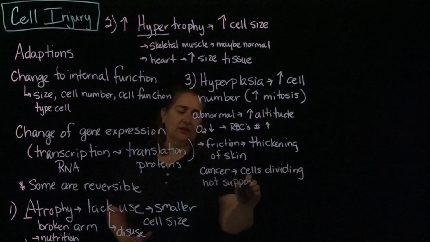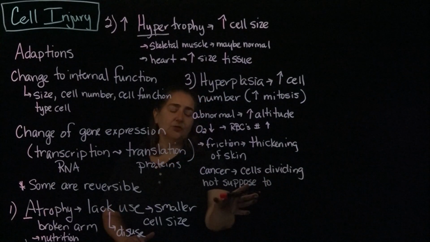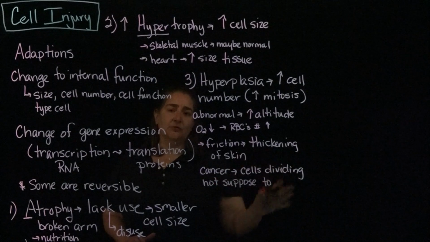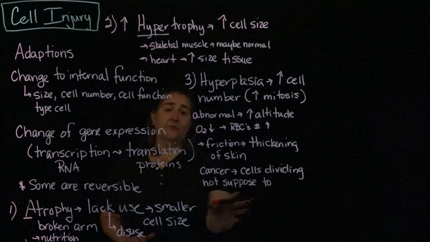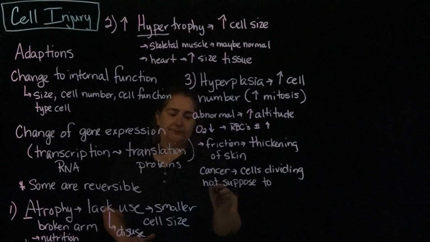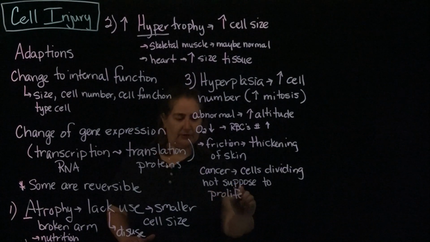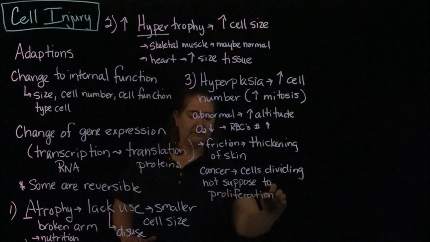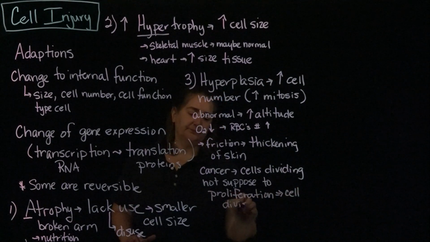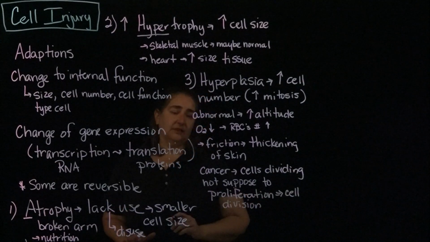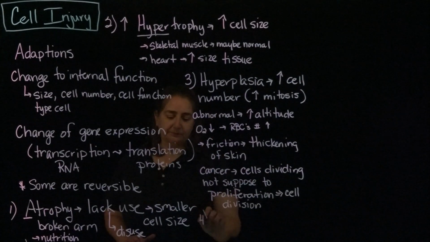Now we'll get to, in the cancer section, how the body can respond to this, because you'll normally have some cells that'll miss some cues, and normally the body has some mechanisms to prevent that cell from over-proliferating, okay? Proliferating. And by that I mean undergoing cell division, okay? So hyperplasia, you've got an increase in cell number.